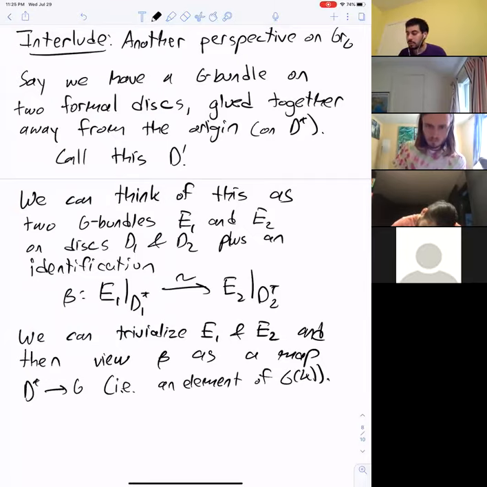So what's going on here? Well, if we trivialize both E1 and E2, then we identify them with the trivial bundles, G cross the disk. And now we have an identification between two trivial bundles. Then we can look at where the identity section goes, and we'll get a function from D star to G. But we actually need the trivializations to do this.